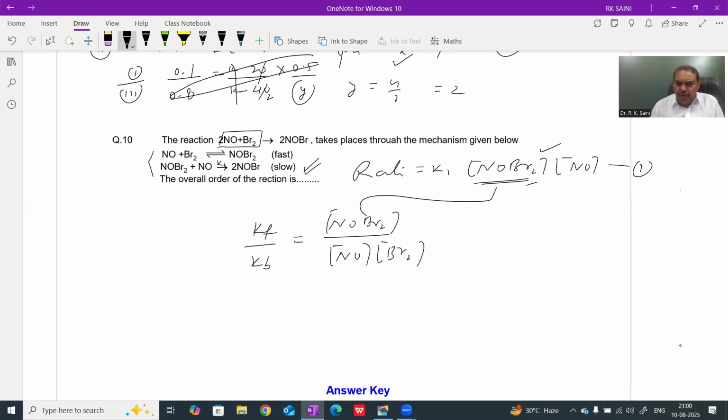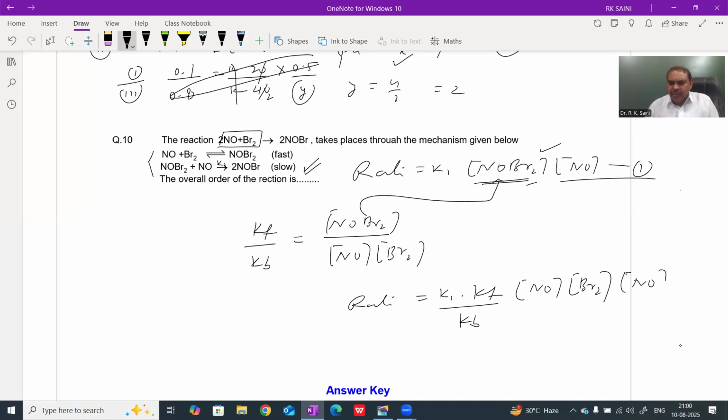Putting the value of NOBr2 from this equation, we finally write rate equals K1 into Kf upon Kb, where Kf and Kb are rate constants for the forward and backward reaction of the reversible process, times the concentration of NO, the concentration of Br2, and the concentration of NO also. Therefore the order is 1 plus 1 plus 1, so it is a third order reaction. The overall order is third.